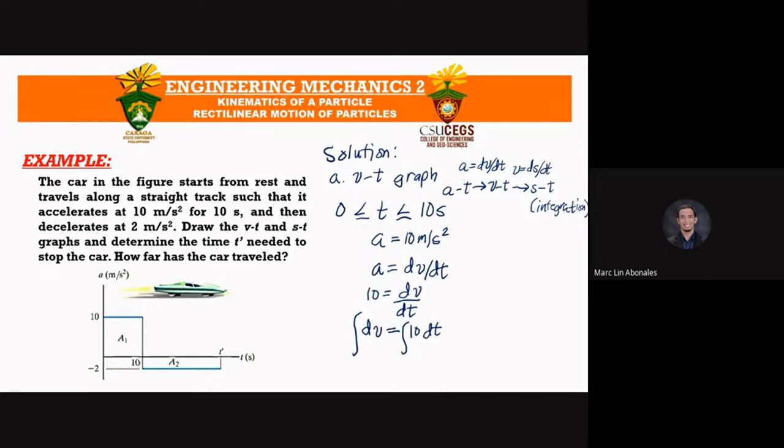So I will use the definite integral to come up with the expression for the velocity. For the left side, we need to determine its lower and upper limits, which means the initial conditions. So for the lower limit, which is the initial condition of your car, what is its initial velocity based on the problem? What will be the initial condition for that?